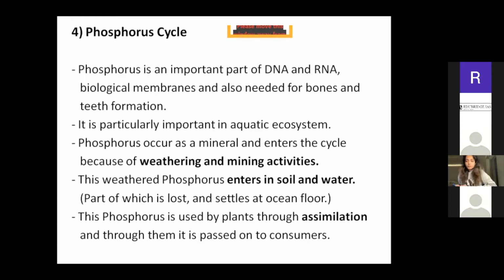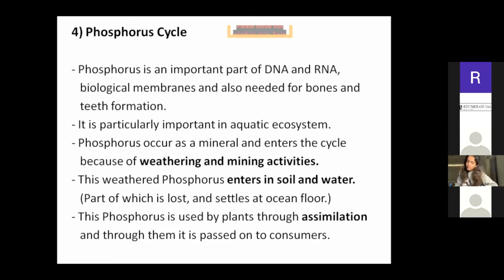It is not exposed to these kinds of weathering mediums, and that's why for that particular amount to be used again by organisms, it will take time. And that's why these cycles are referred to as imperfect nutrient cycles, because the amount of nutrients which is washed away into the oceans and settled at the ocean floor will take a certain time to be made available for organisms again.